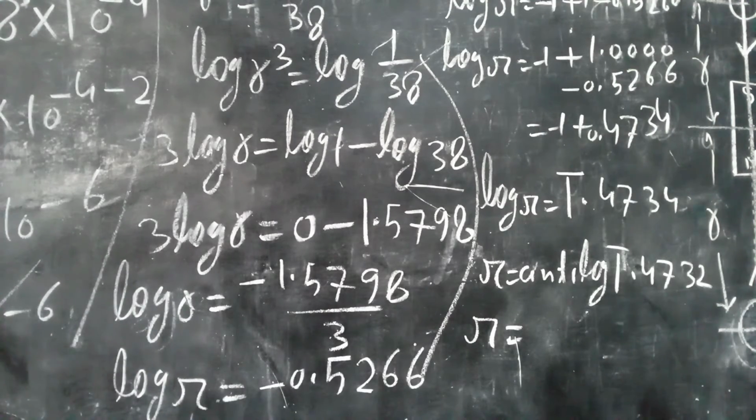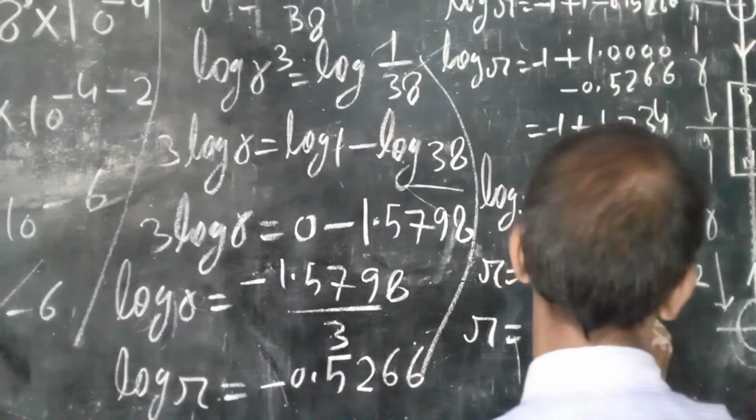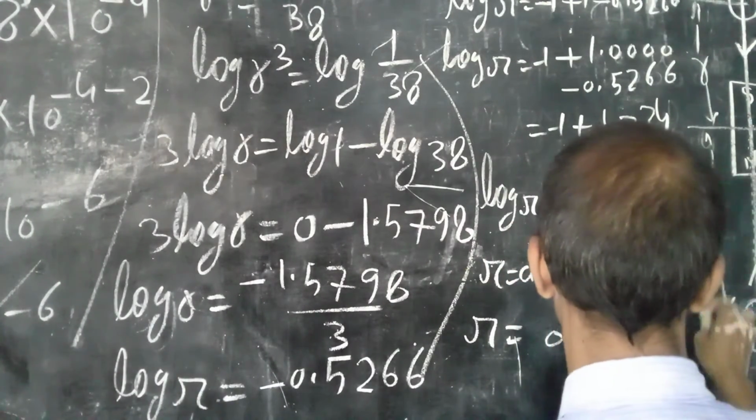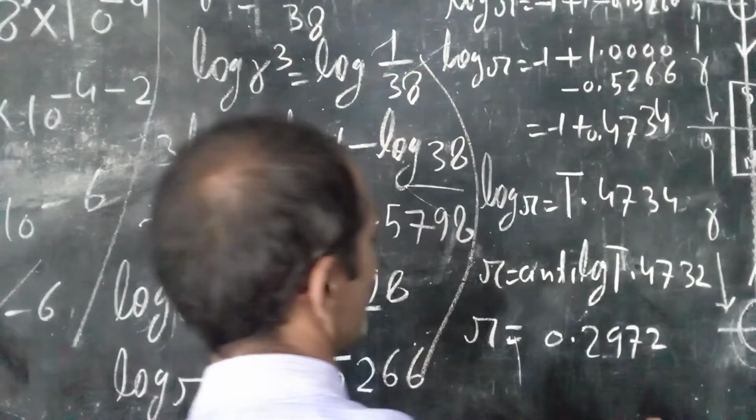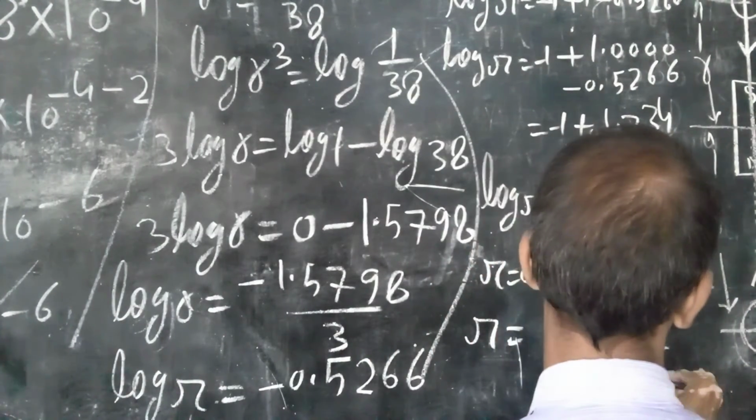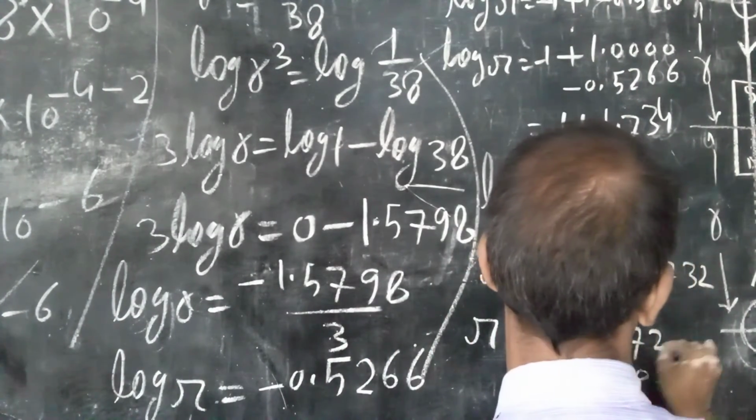Read in the antilog table the value of 47 in column 3. 2972. Mean difference of 2 in the same row is 3. So write here 3.